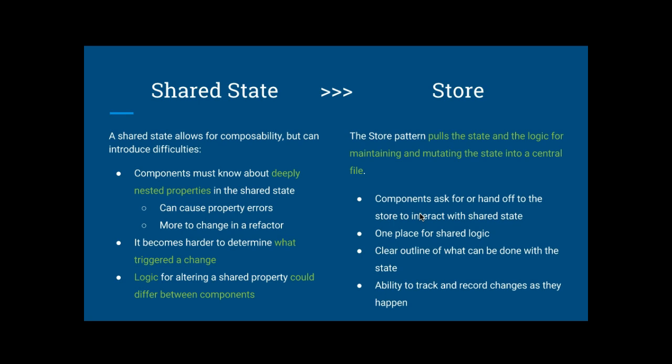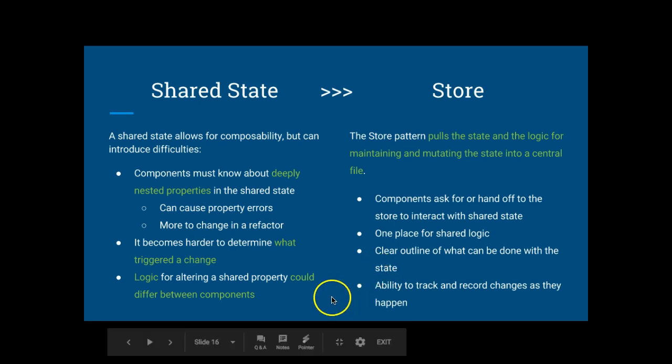And it means that if you modify that shared state, now you have multiple spots to update those data properties, which is not great. It also means that it becomes harder to determine what triggered the change. If both of these components are tied to this one particular data property, which one of these just set that value, and how do you track that?